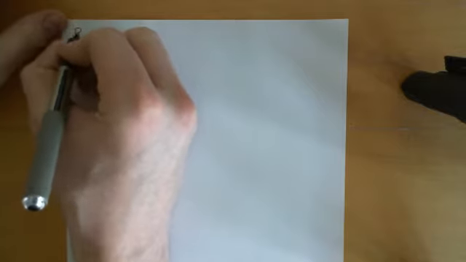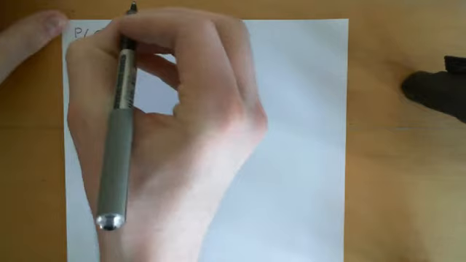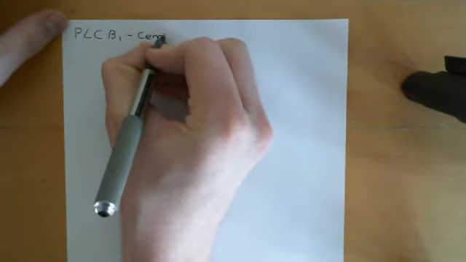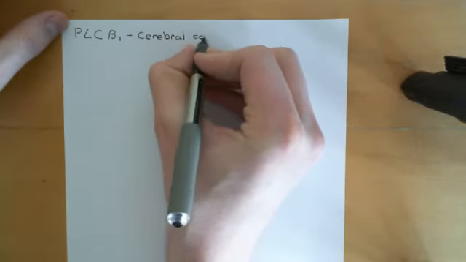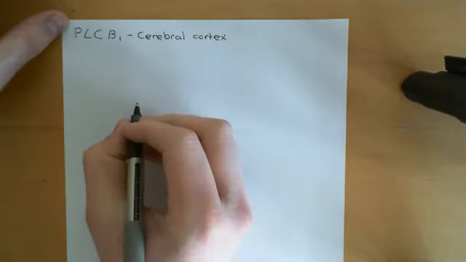You have different phospholipase C beta enzymes expressed predominantly in different tissues. So phospholipase C beta 1, firstly, is mainly found in the cerebral cortex. You find it in high expression in the neurons of the cerebral cortex, and it's going to be involved in signaling in those cells.